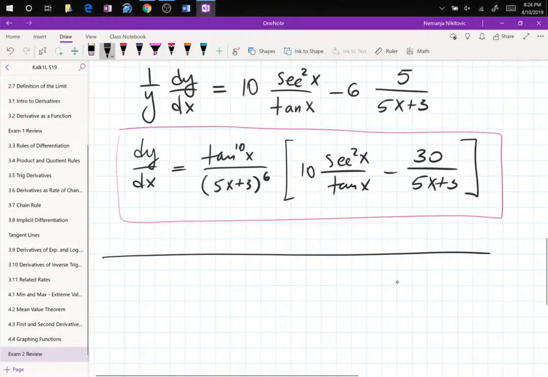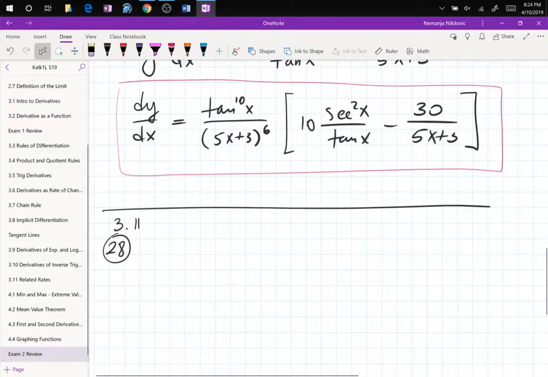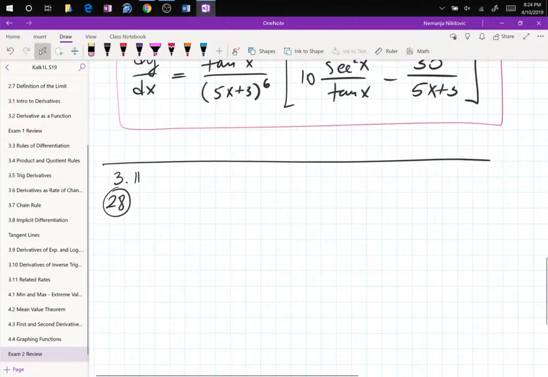Runners stand at the first and the second base in a baseball game. See? It's important to say it's a baseball game, right? This is 3.11. So at the moment the ball is hit, the runner at the first base runs to the second base at 18 feet per second.